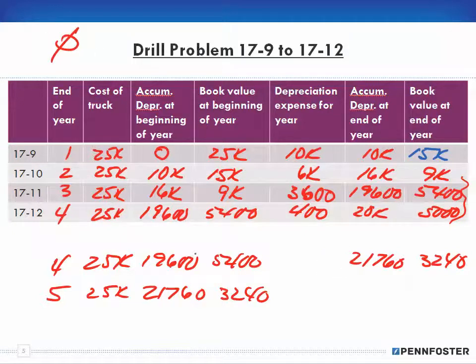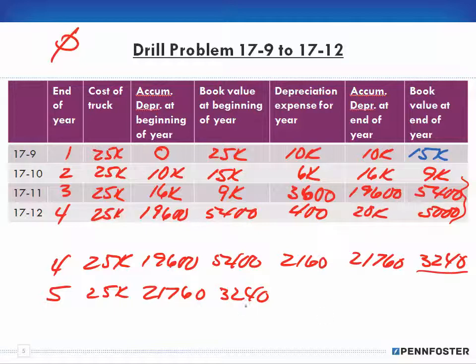If we had set the residual value to 0 instead, you can see where I'm going with that. In year 4, if we multiply 5,400 times the 40%, we end up with 2160, and with the 2160, now our book value goes down to 3240.